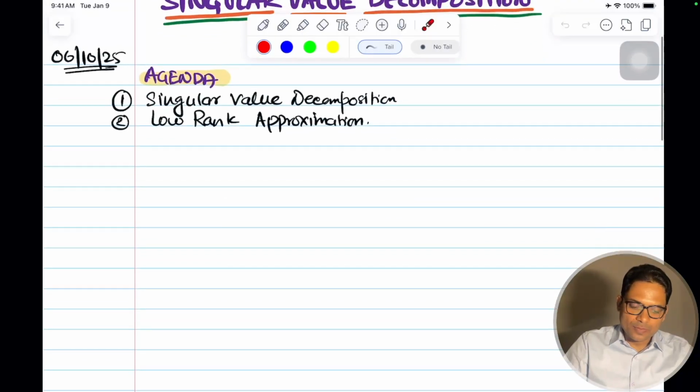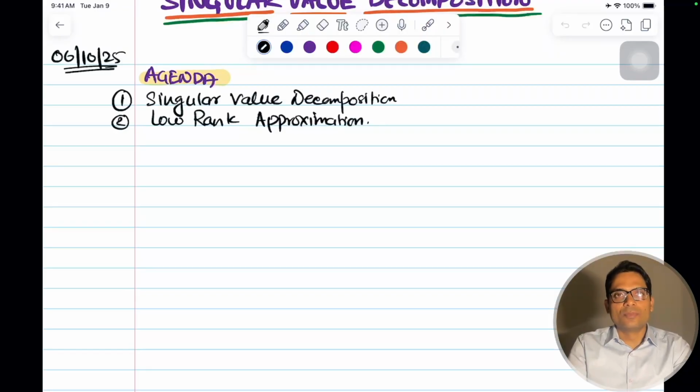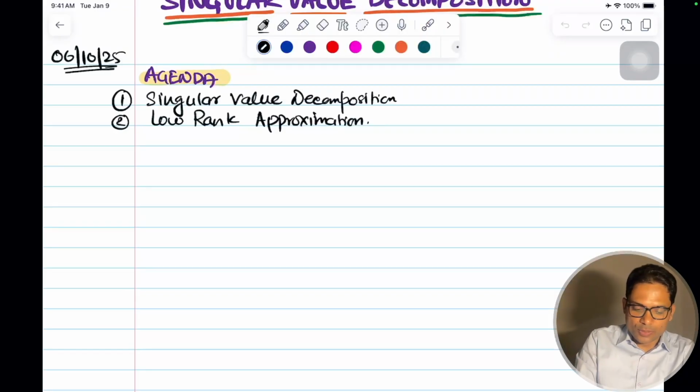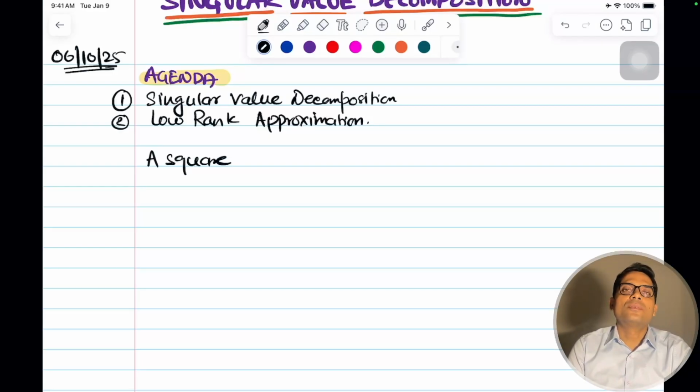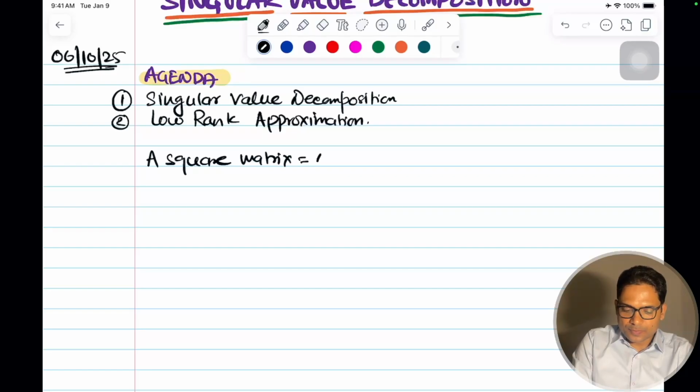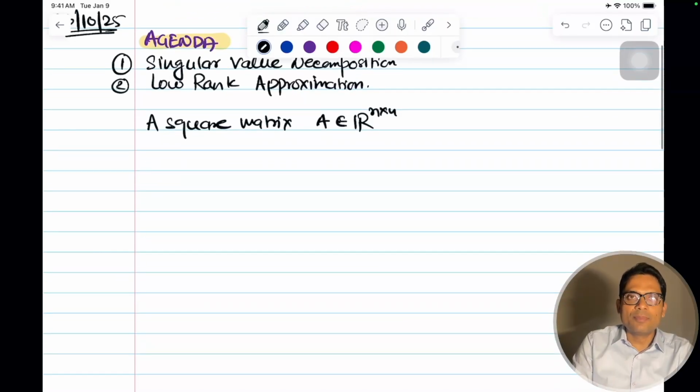So we know from eigenvalue decomposition, and that's why it is important to know it, that if you have a square matrix, then you know how to do an eigenvalue decomposition of that. That is, if you have a square matrix A of n by n dimension, then you can easily break it up.